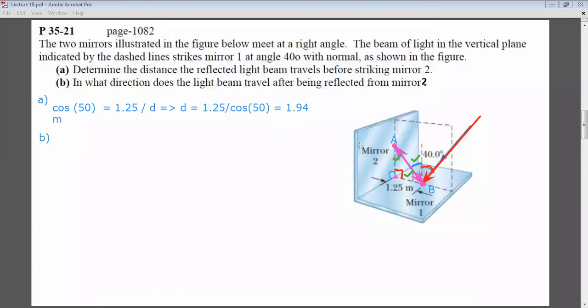Let's draw the normal. It will get reflected from the normal with what angle? This angle over here is equal to this angle over here. This is 50, this is 40, so this is 50, and this is 50. So it will be reflected with an angle of 50 with the horizontal.